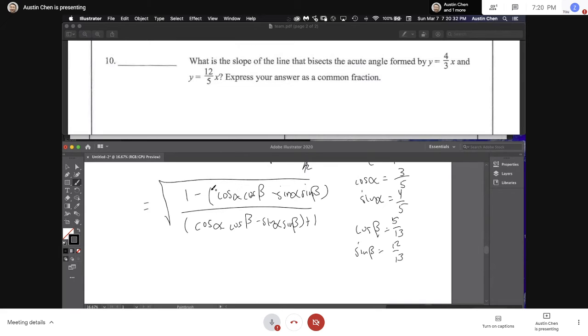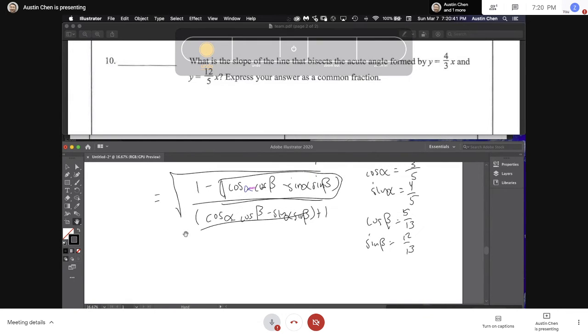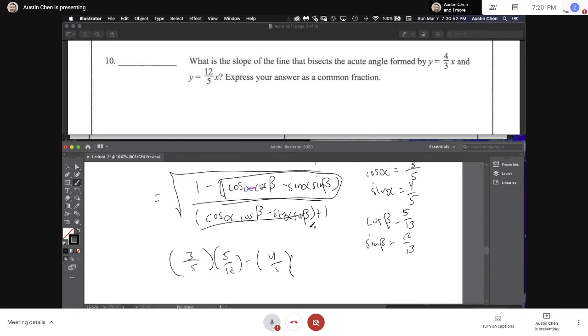And I'm just going to find what this expression is once, and I'm also going to apply it into here. So cosine of alpha is 3/5, cosine of beta is 5/13, sine of alpha is 4/5, sine of beta is 12/13.